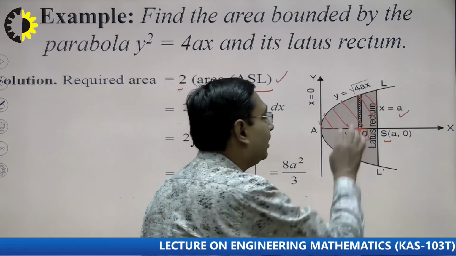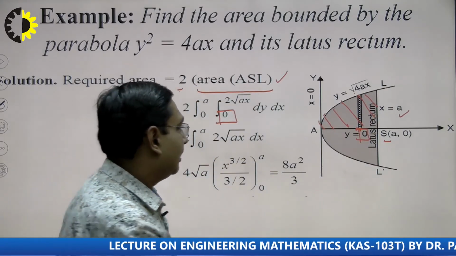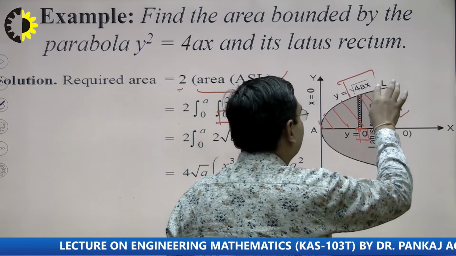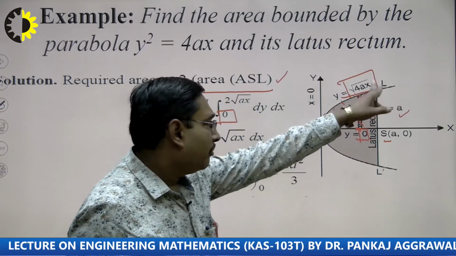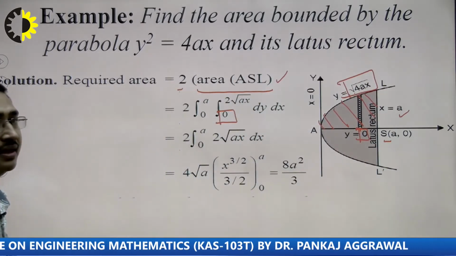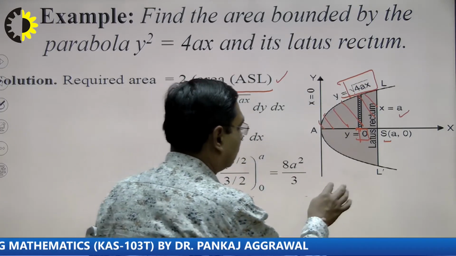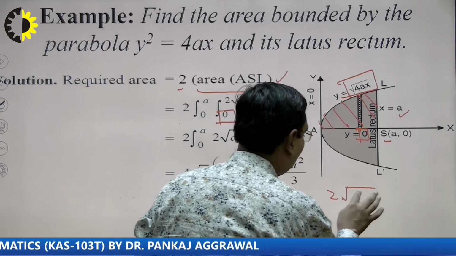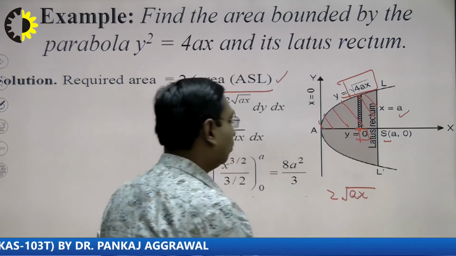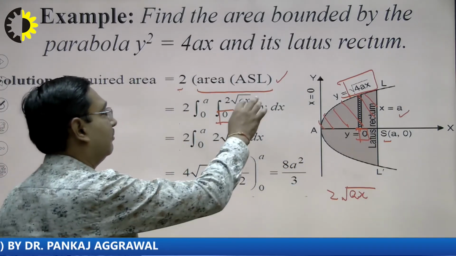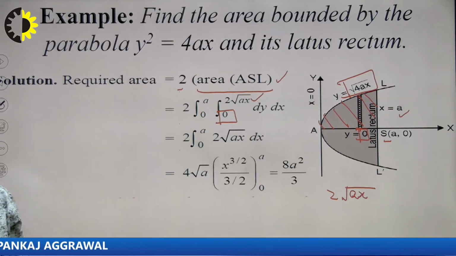The highest point of this slice lies on this parabola. From the parabola, the value of y is root 4ax. This root 4ax can also be written as 2 root ax, and it becomes the upper limit for y.